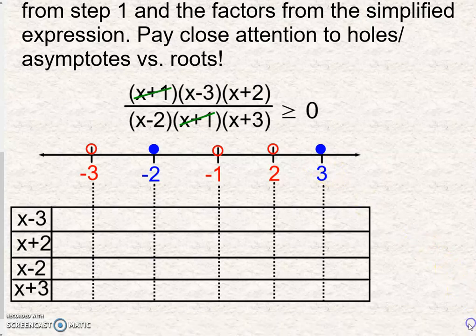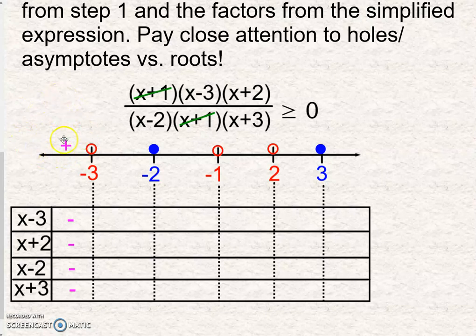So here we are. We're all set up here. Let's start testing numbers. I'm going to choose a number that is smaller than -3, like negative a gajillion. And when I do that, it turns out that each one of these factors is a negative. And a negative times a negative divided by a negative divided by a negative, all those negatives create a positive.